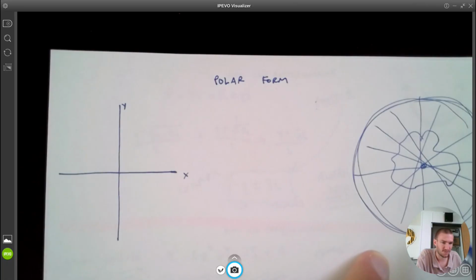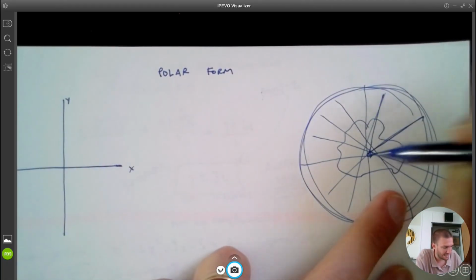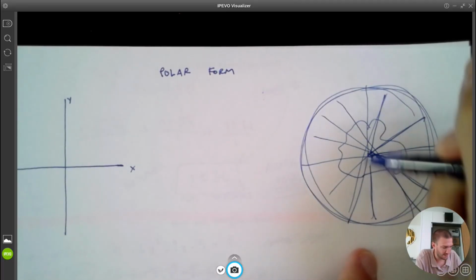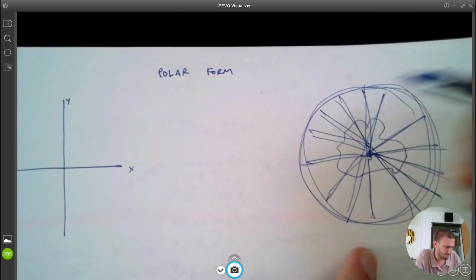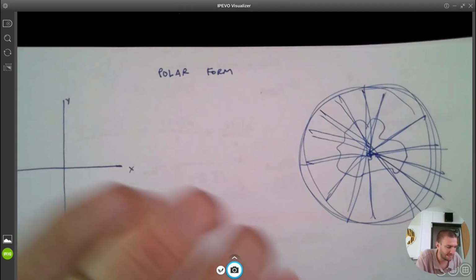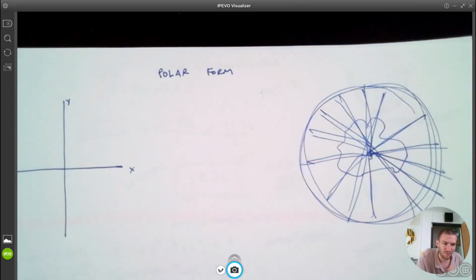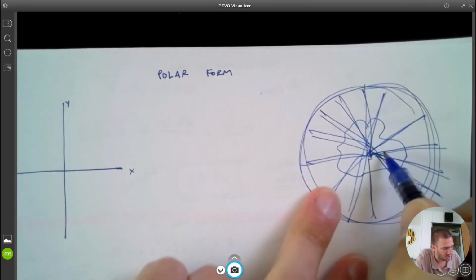This is the Arctic Circle, these are like the ice caps, and you have these lines here. These are the lines on the globe that normally go up and down, but we're seeing it from the top. It's almost like this kind of visual really helps me kind of figure out what's going on.